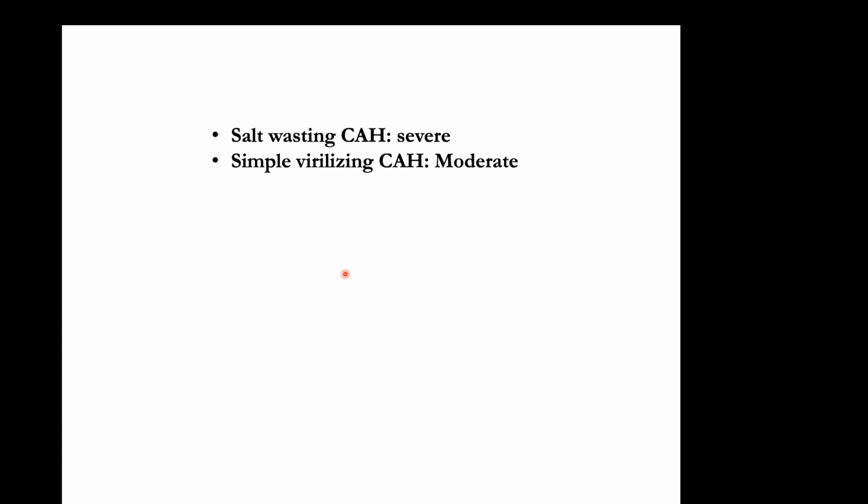In the moderate type, there will be simple virilizing congenital adrenal hyperplasia. In this case, some of the mineralocorticoid and some of the glucocorticoid are synthesized, but since an increased quantity of androgen is synthesized, virilization takes place in the female as well as in the younger males.